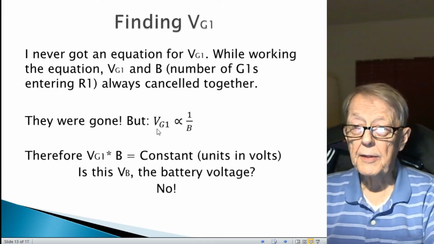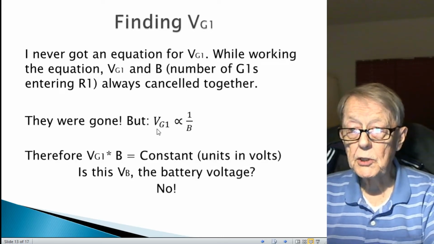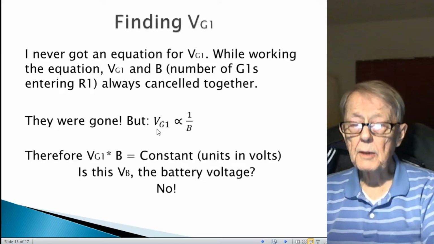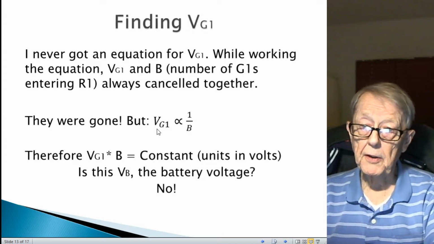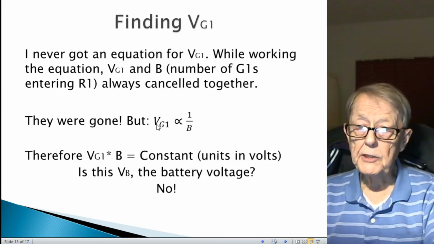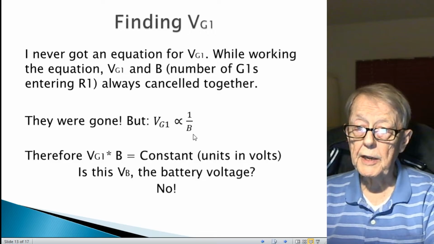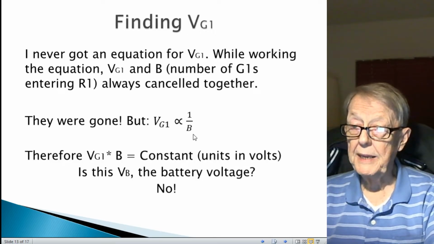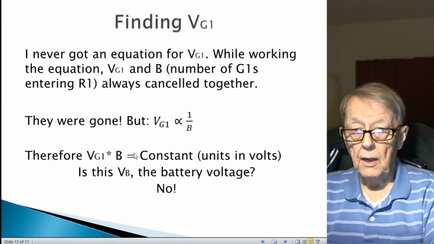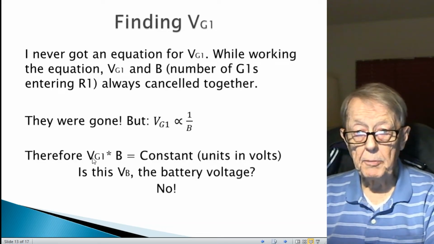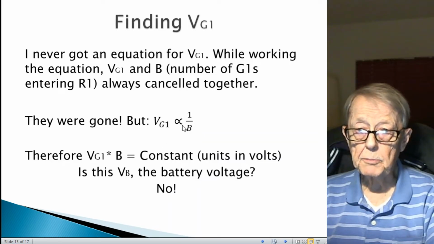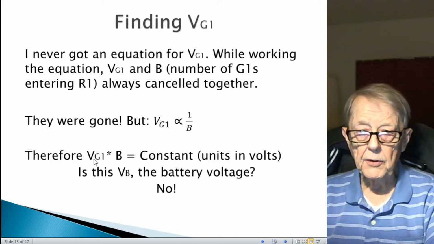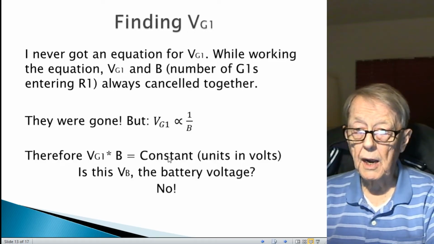So the spreadsheet, ironically, this is what you learn from doing these kinds of things. You learn by your failures that VG1 is proportional to the inverse value of B. Therefore, you would think that you multiply B across this proportionality, and you get VG1 times B would be equal to a constant, not 1.